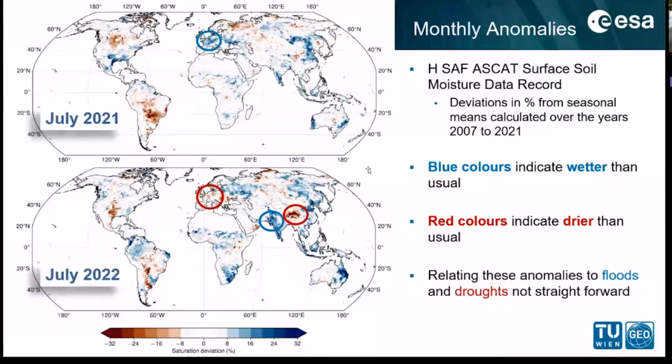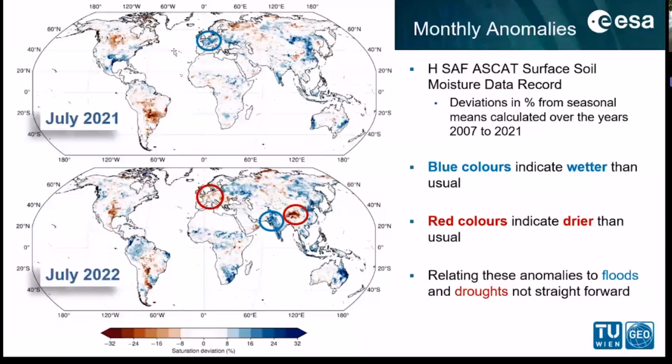For example, here we did anomalies for the month of July 2021 and soil moisture anomalies for the month of July 2022. So obviously wet conditions might indicate that there was flooding or other problems related to too much water. And if it's dry, it can mean it was a drought situation.